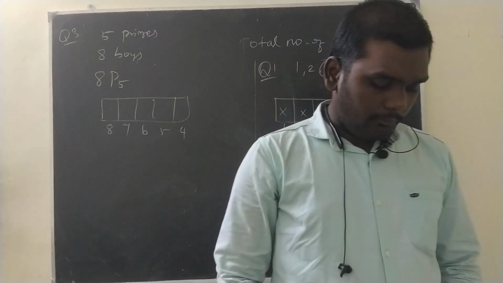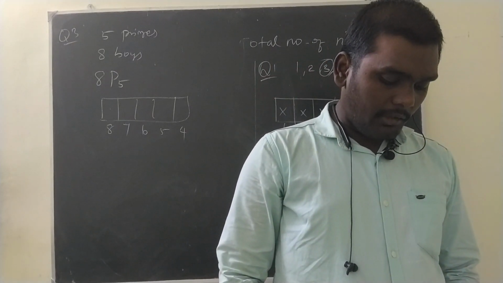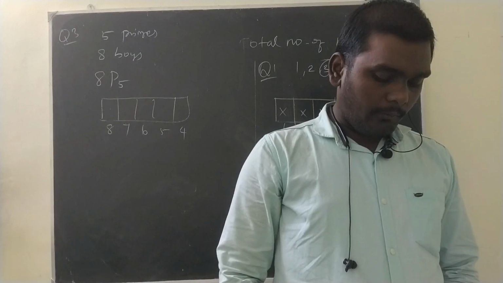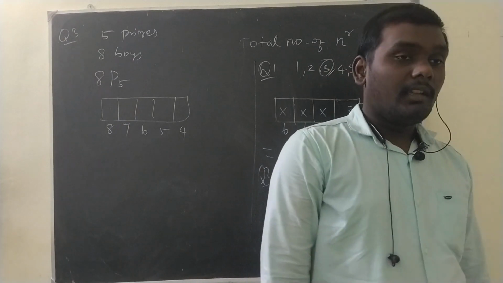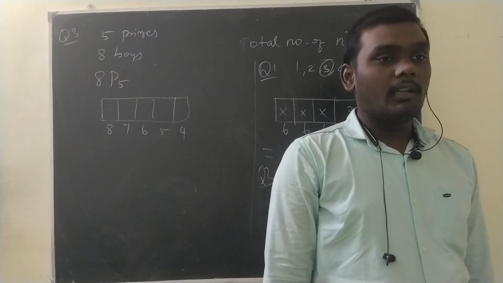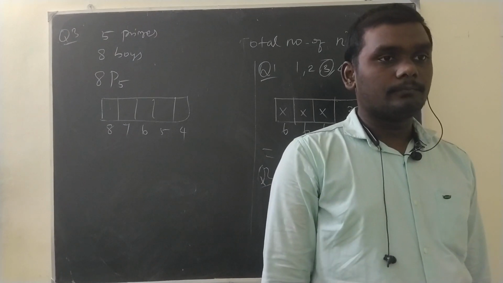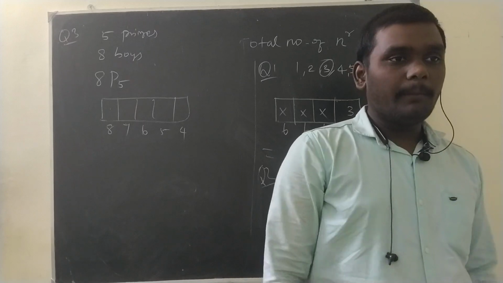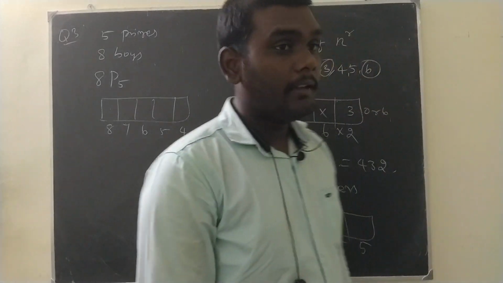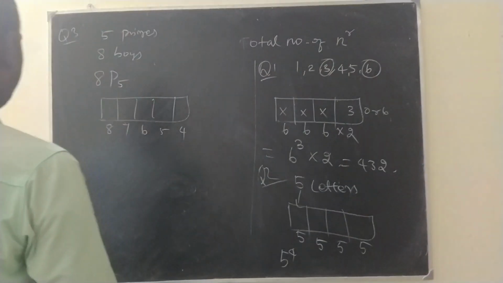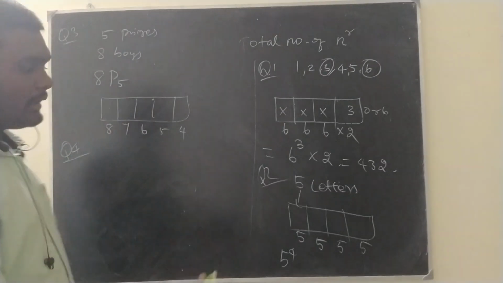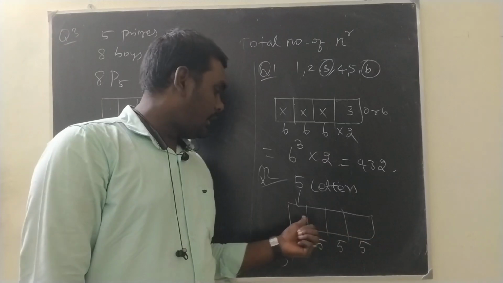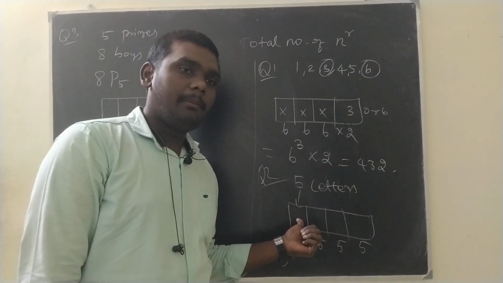The number of 4-digit numbers that can be formed using 2, 4, 5, 6, 8 if at least one digit is repeated. See, at least means repetition is allowed, but what we calculated here may be repeated or may not be repeated.